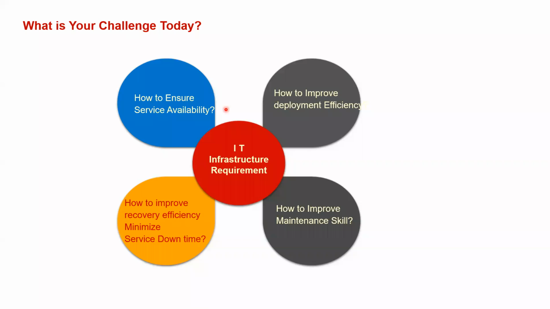So you can think about this point. How to improve the deployment efficiency if you are doing remote deployment, how this can be improved. How to improve the recovery when some problem happens, how you recover it remotely, how efficiently you are doing that part as well. And how about the maintenance skills? So these are the core requirements when you are coming into the O&M part.